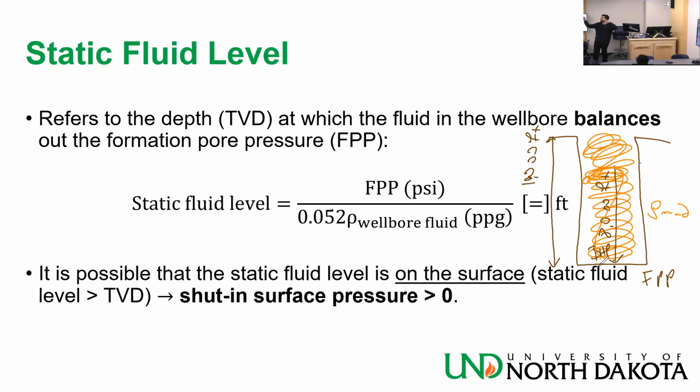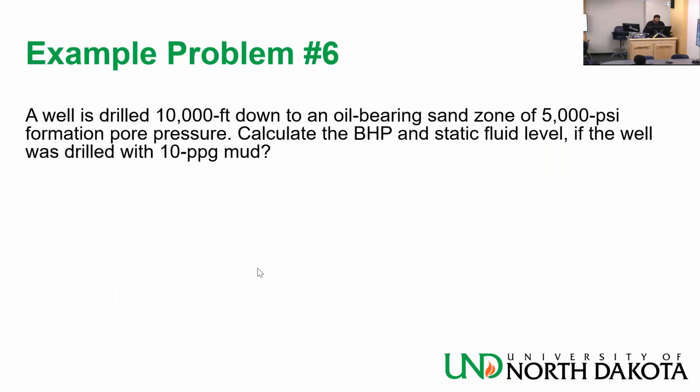You will calculate minus 2,000, right? You have 2,000 above. It's a hypothetical level. Yeah, correct. The correct answer is that the static fluid level is on the surface. So same with zero. This is the convention used, basically.